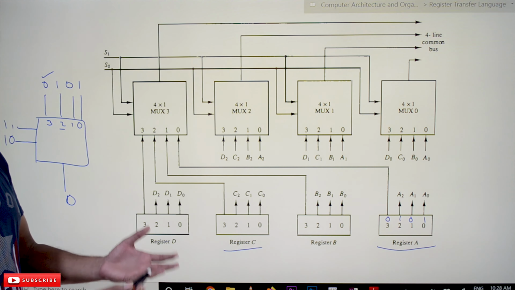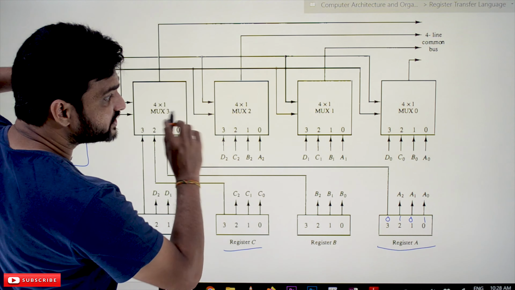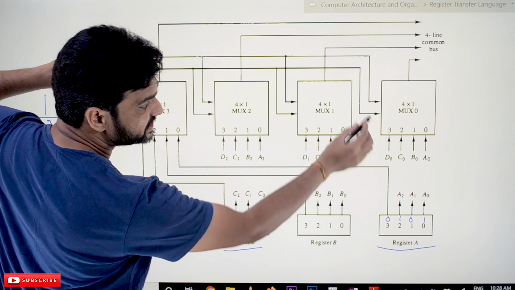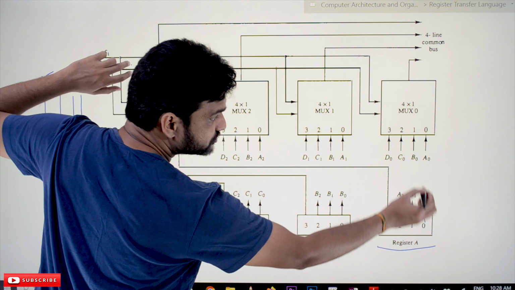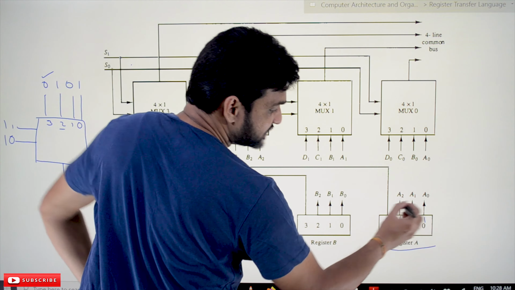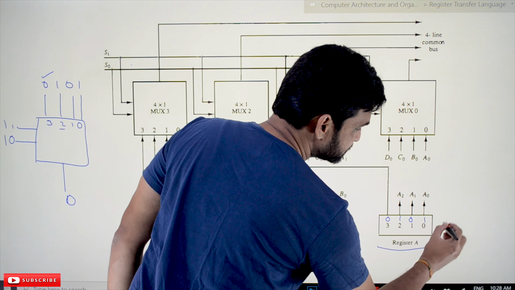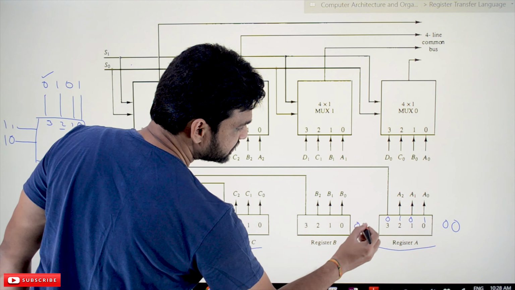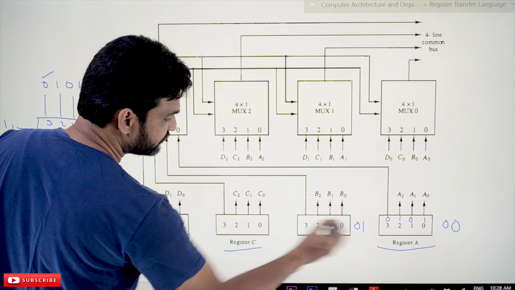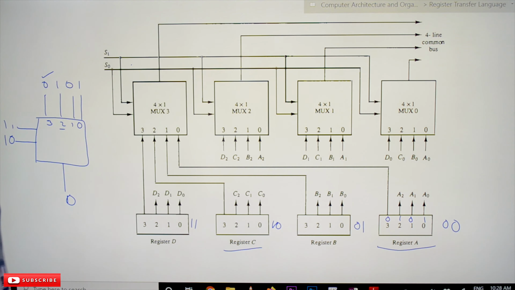In order to make that, we consider this register as the 00 register. The value given for the next one is 01, this one is 10, and this is 11.